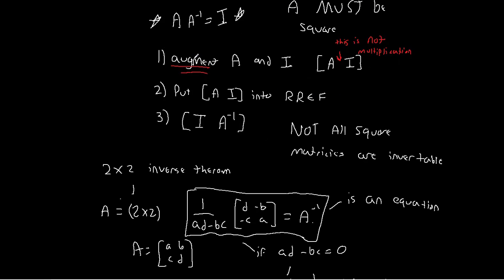Otherwise, we augment A and I, we convert to reduced row echelon form, and if we get I augmented with something, that something is going to be our inverse, and they have to be square. So hopefully that makes sense, and if you have any questions, please reach out. Thank you.